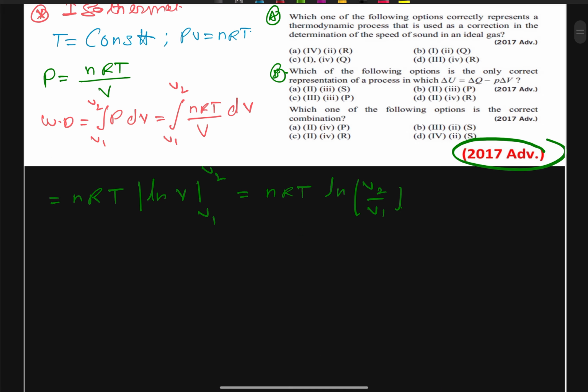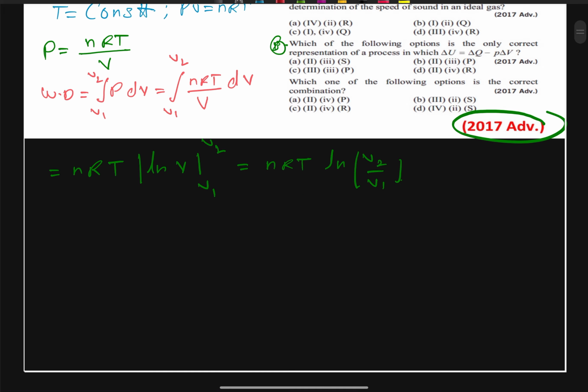So we can say that work done on the system is minus nRT natural log of V2 upon V1.